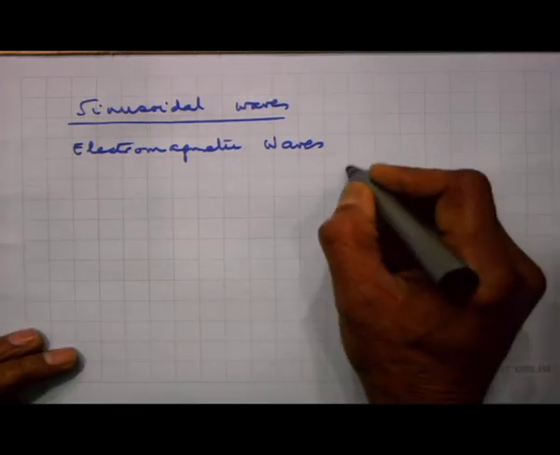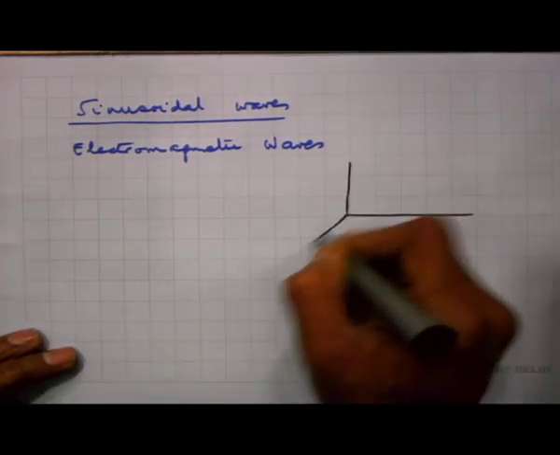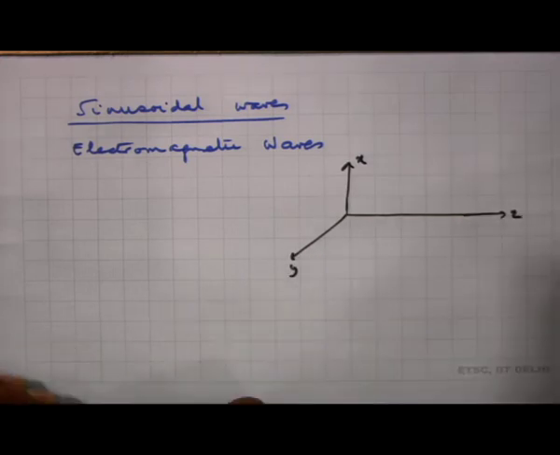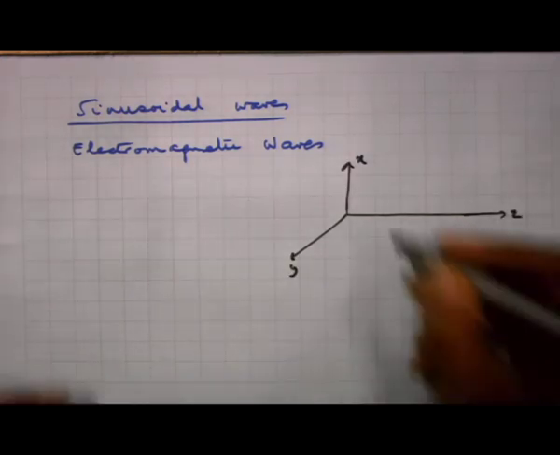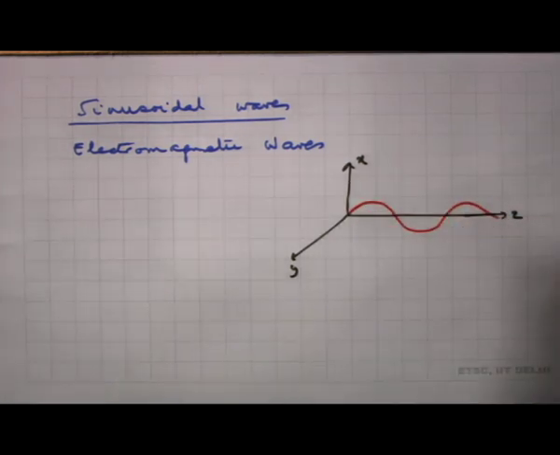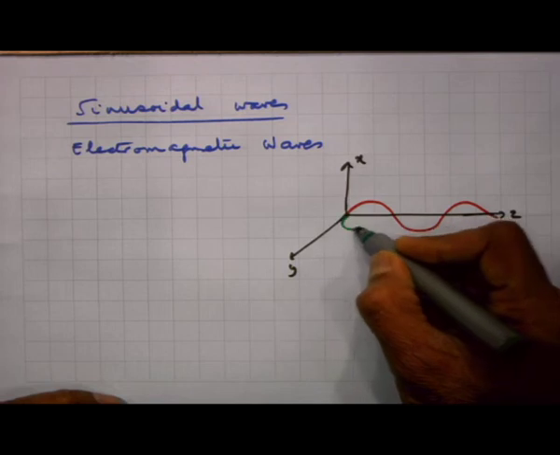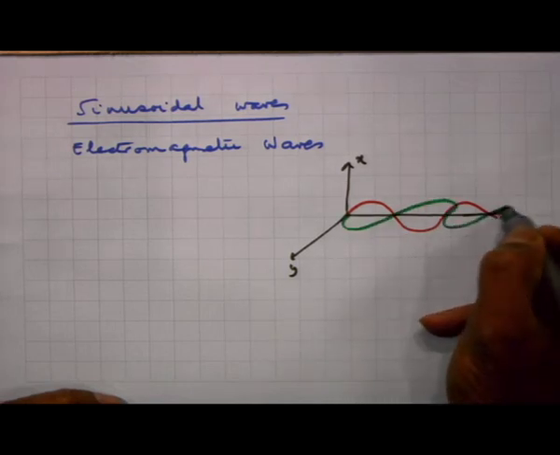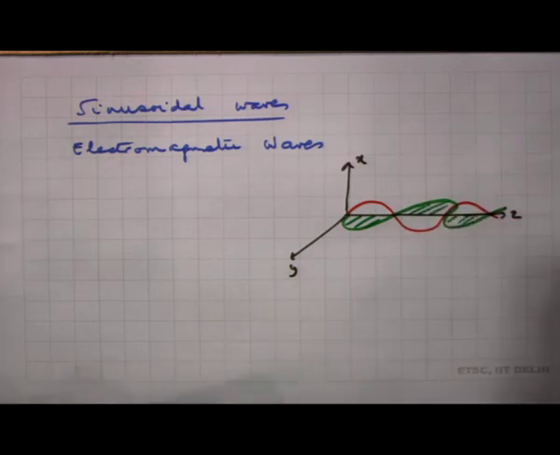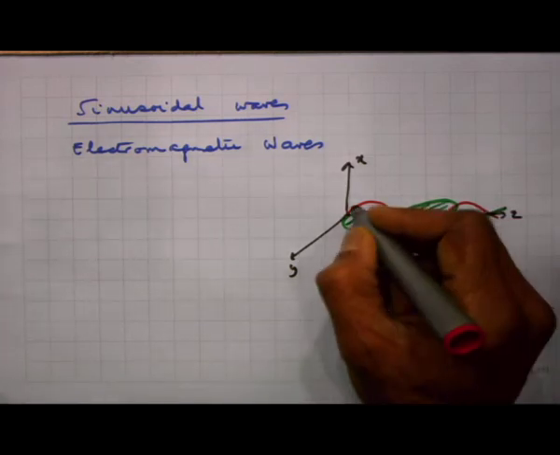So, I had x, y and z. I had drawn the electric field wave like this and the magnetic field wave. So, the magnetic field is in this plane, the electric field is in this plane.